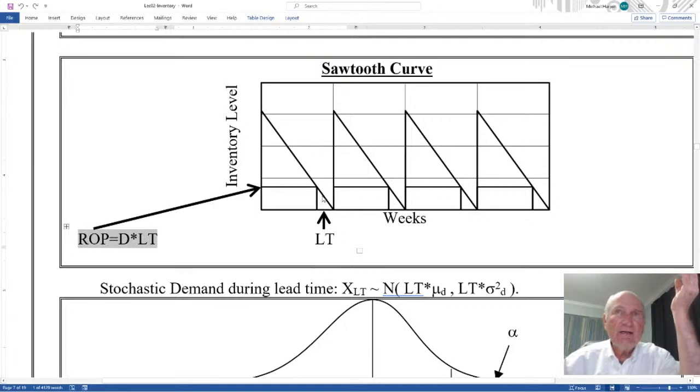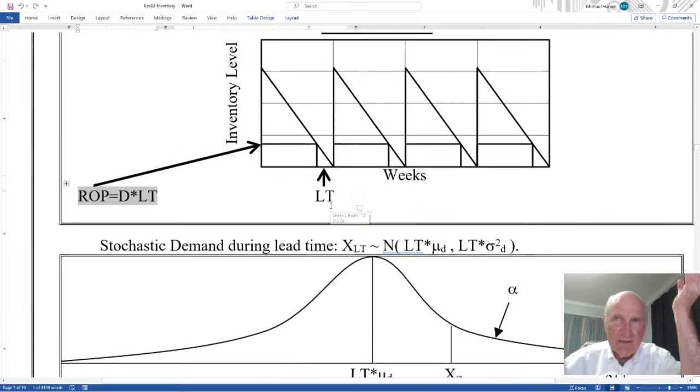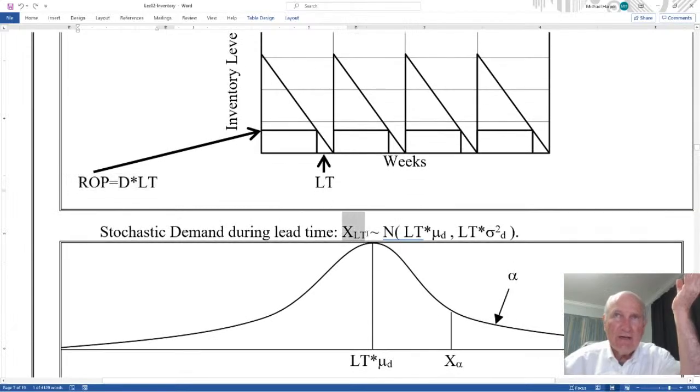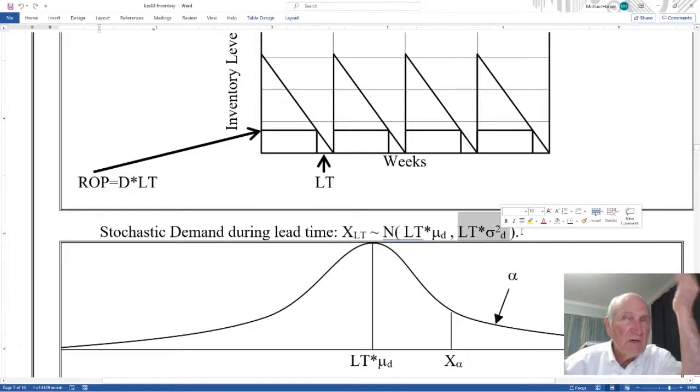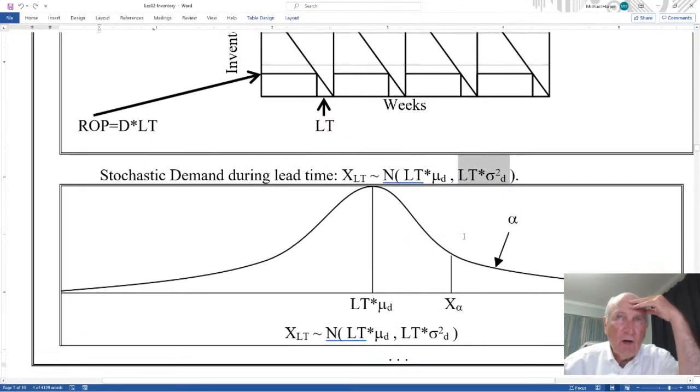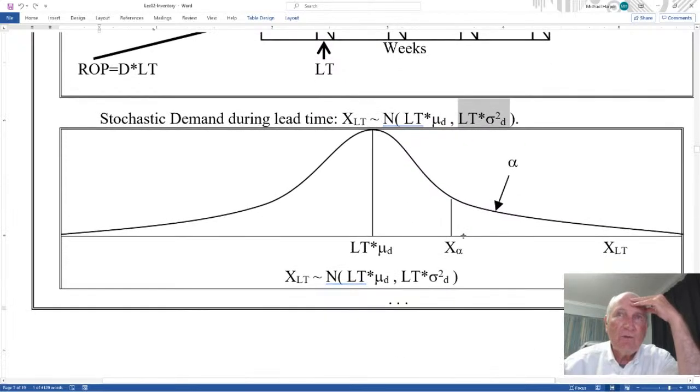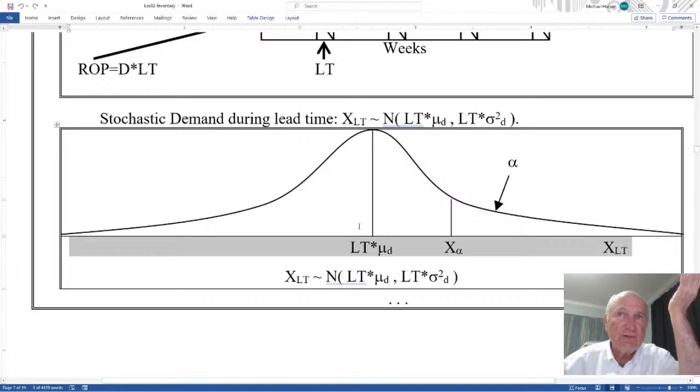if my demand is stochastic, then the demand during the lead time follows a normal distribution where the lead time times the mean and the lead time times the variance. And then you say, wow, okay. Then if that's true, my demand during lead time is a normal distribution, but the numbers are different.